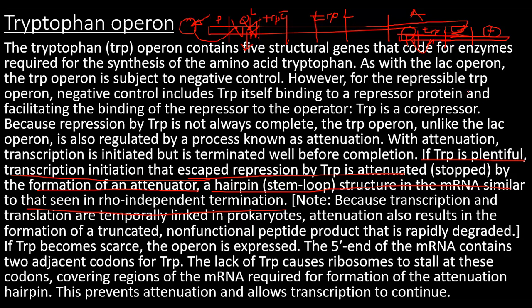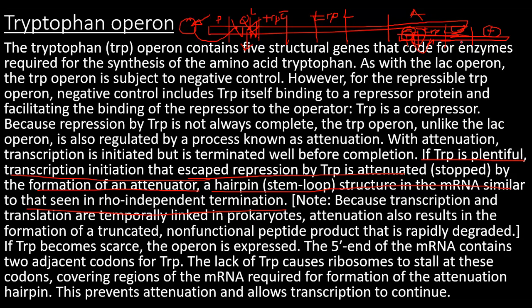But if tryptophan is not present, the translational machinery will bind, and two ribosomes will be bound to the two UGG codons. Because tryptophan is not present, and hence the transfer RNA for tryptophan is not present, there will be no formation of a stem loop between region 1 and region 2.